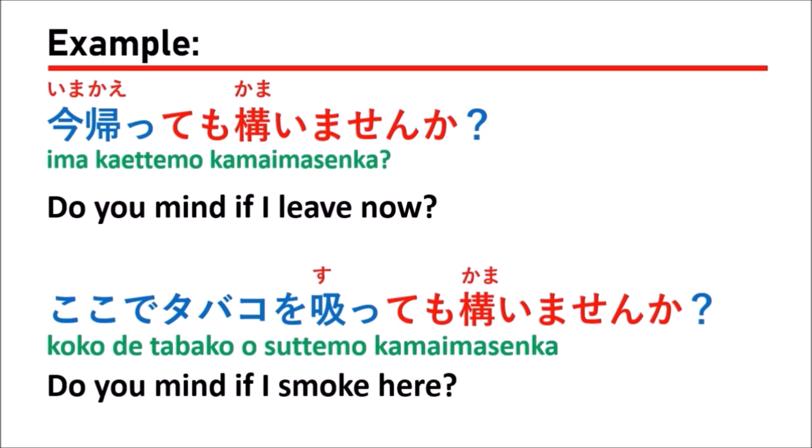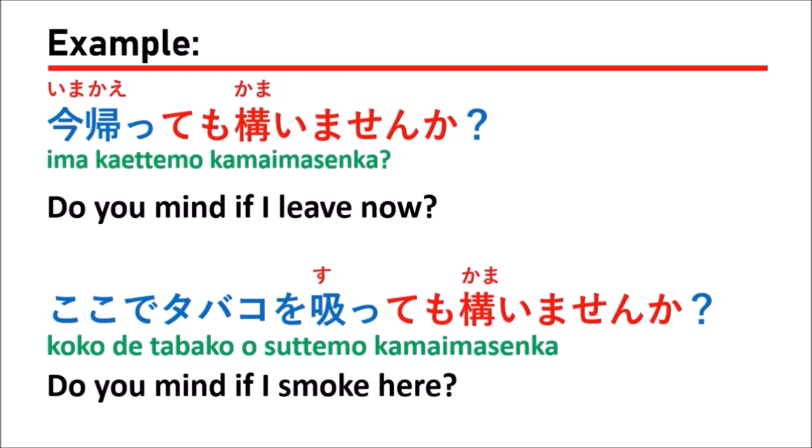So when you have a question in your opinion, or you have something in your mind that might cause some problem, you can ask like kamaimasen ka or kamawanai desu ka? It means any problem if I do something.